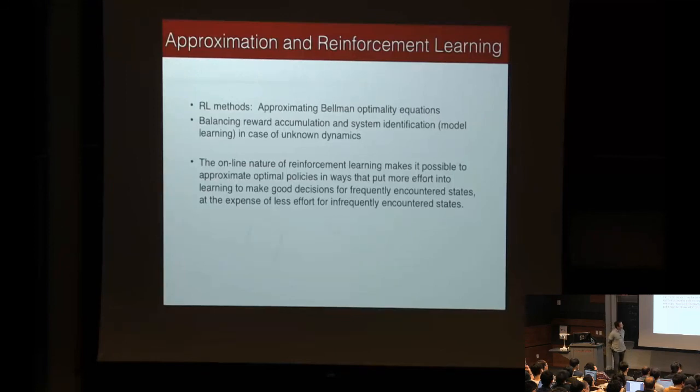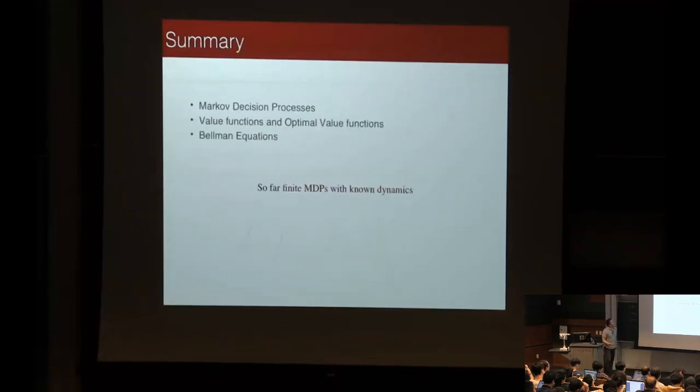And in many cases, when we look at online reinforcement learning, sometimes it's possible for us to approximate the optimal policies by looking at more frequently encountered states. So this is something that we're going to look at later on. There's something called prioritized replay that essentially tries to explore states that are more informative or more frequently visited, right?